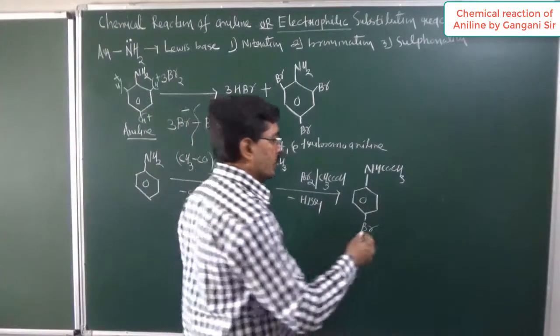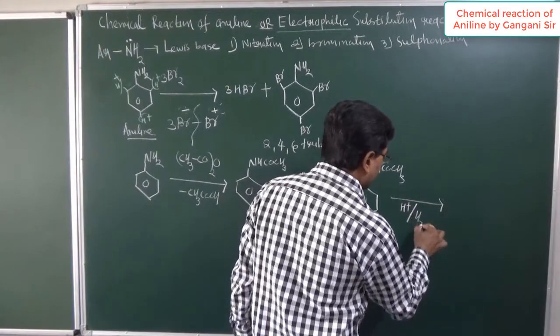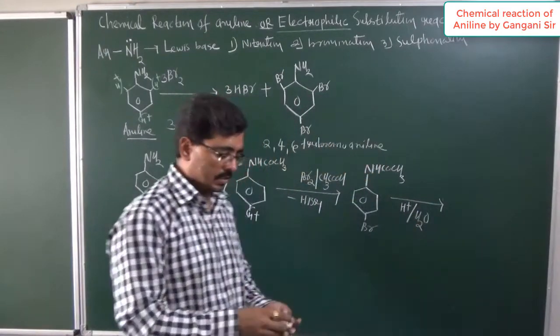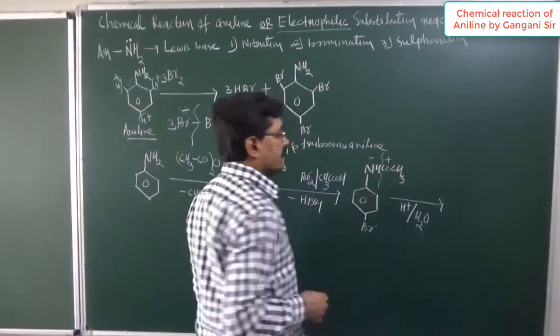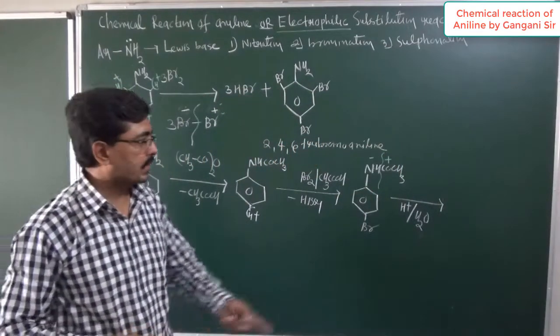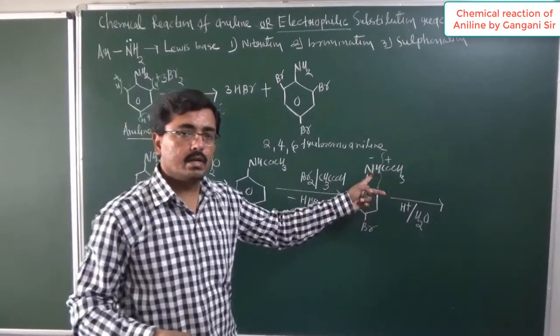Now whatever structure obtained, para bromo acetanilide, it undergo hydrolysis reaction. Now hydrolysis of this, carbon will get positive charge, nitrogen will get a negative charge. Hydroxyl group enter on carbon and hydrogen will enter on nitrogen.